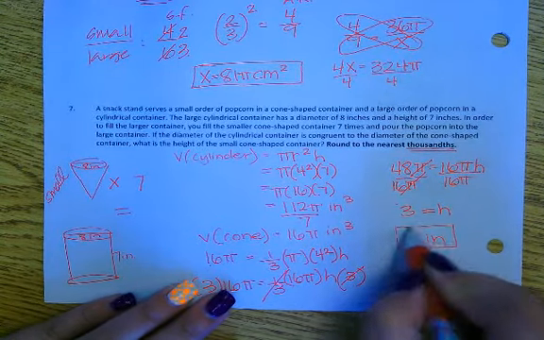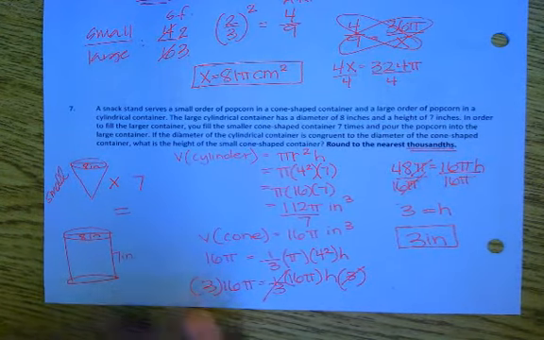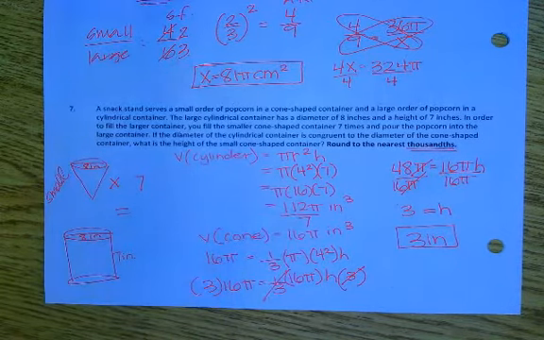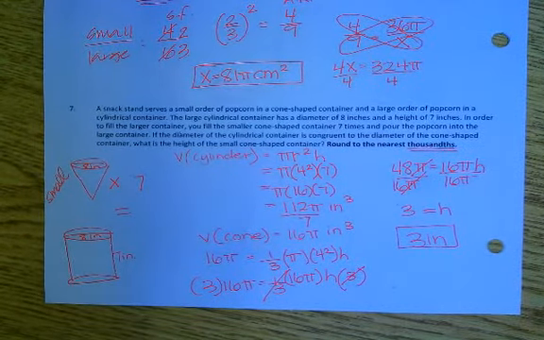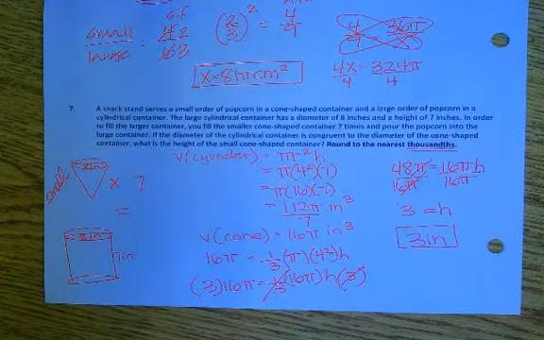Okay, so what's the first thing that we did? Found the volume of the cylinder. Second thing we did. Divided it by 7 because it took 7 fills in order to fill the large container. So maybe later on down the road it'll be 3 or 5 or whatever. Okay, so divide it by the amount of times it takes to reload and fill the larger bin, bucket, popcorn, whatever it may be.